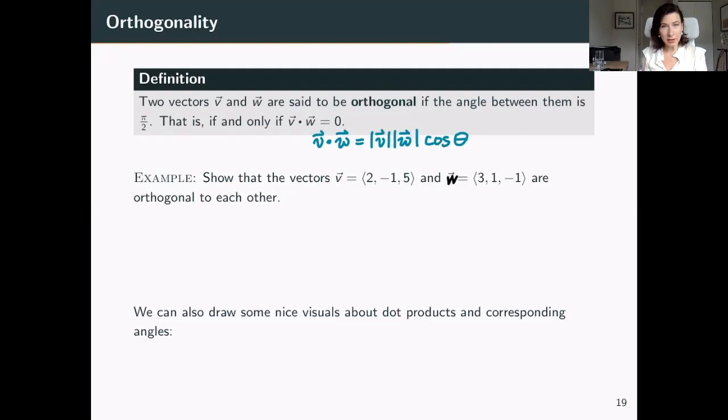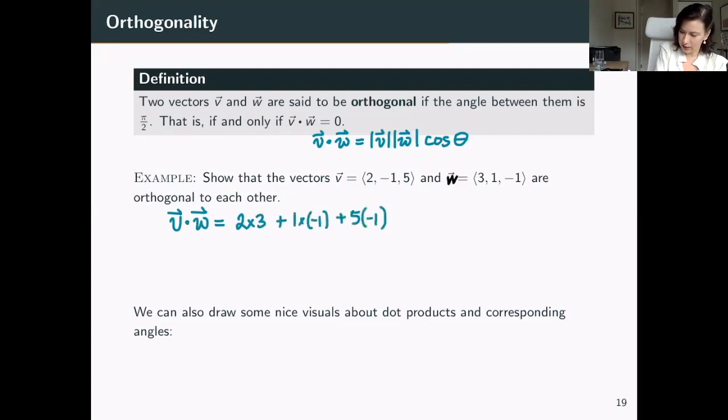We'll use our standard definition of the dot product. Recall that V dot W is computed by multiplying together components. So we would have that V dot W is going to be equal to 2 times 3 plus 1 times negative 1 plus 5 times negative 1, which is just 6 plus negative 1 minus 5.